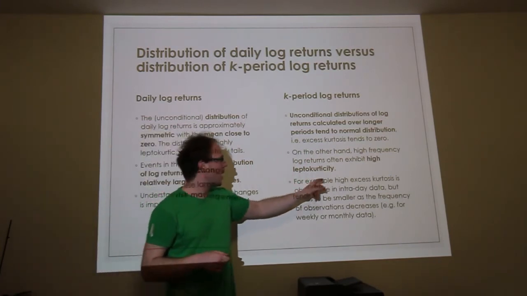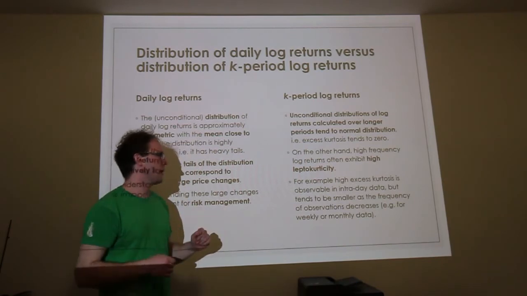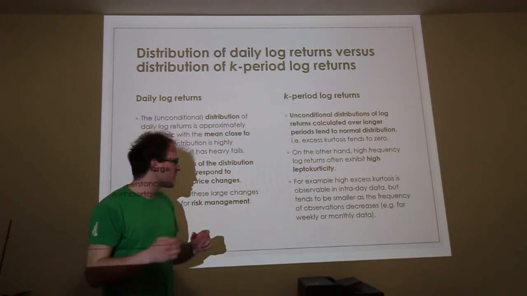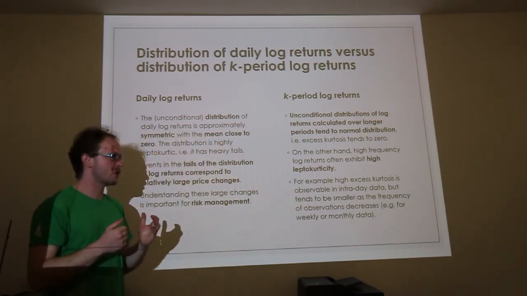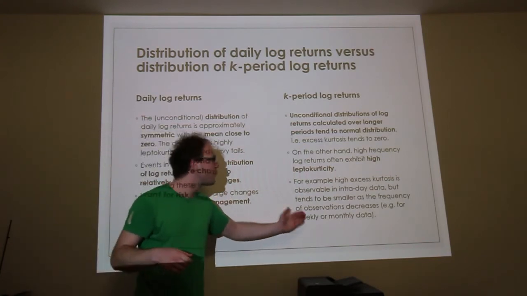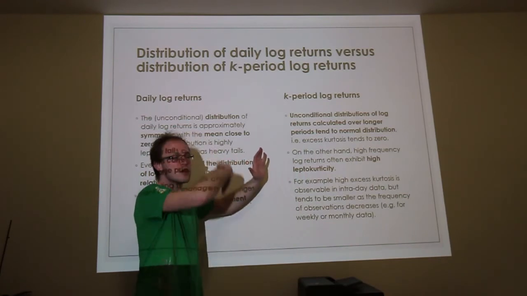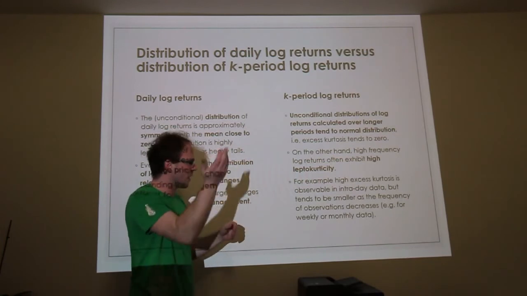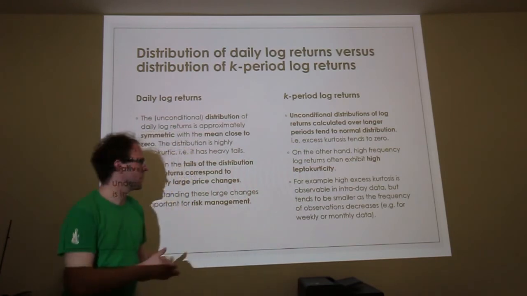For example, high excess kurtosis is observable in intraday data, but tends to be smaller as the frequency of observations decreases. Example for weekly or monthly data, so it means transformed data from daily to weekly, monthly, quarterly, etc.